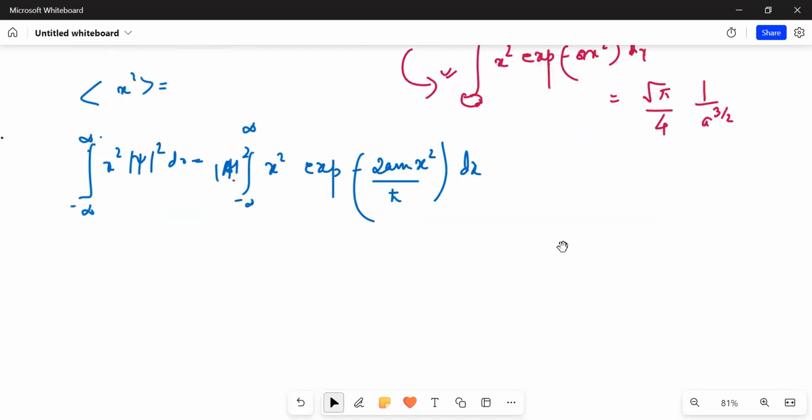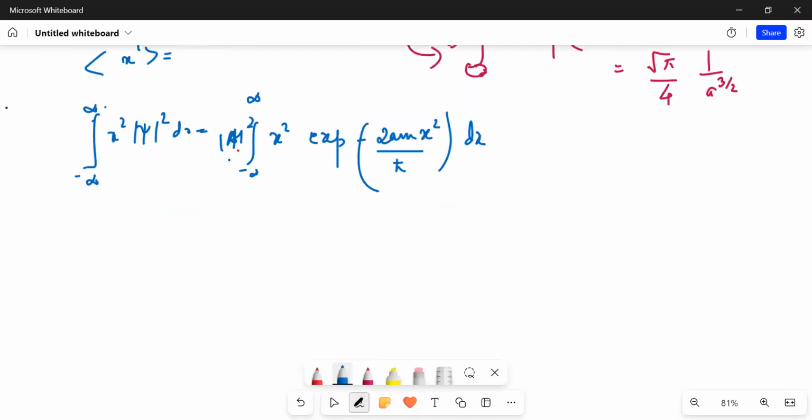You want to find this, and I already know that this mod A whole squared would be equal to, I've already figured it out somewhere, (2 a m upon pi h cut) raised to power 1 by 4, and then this squared.